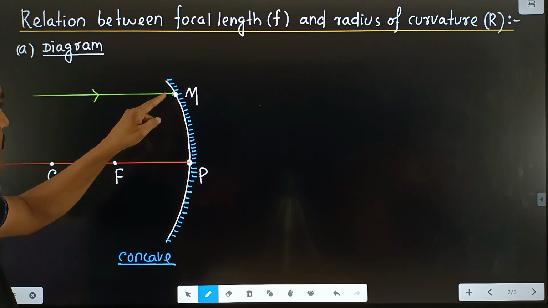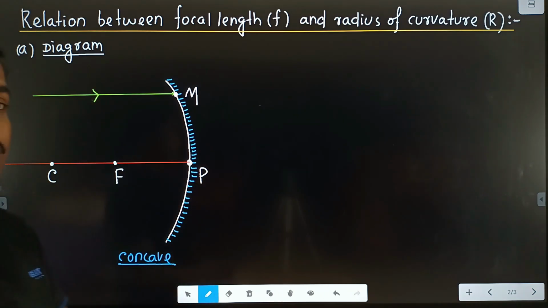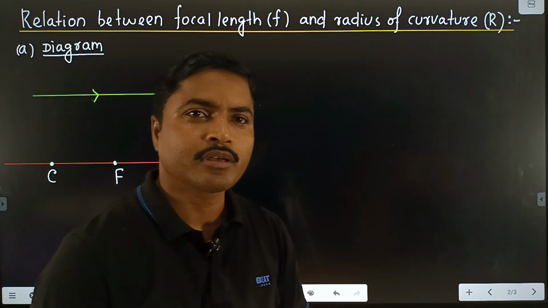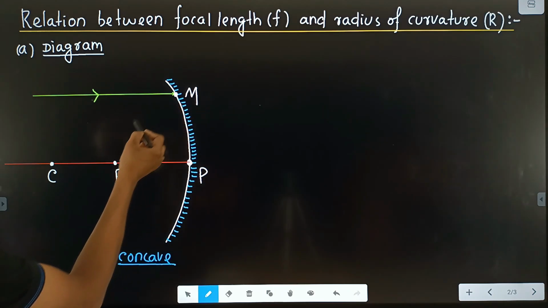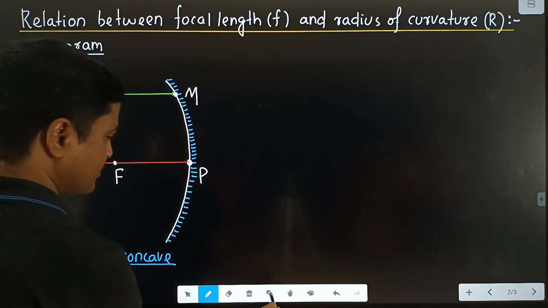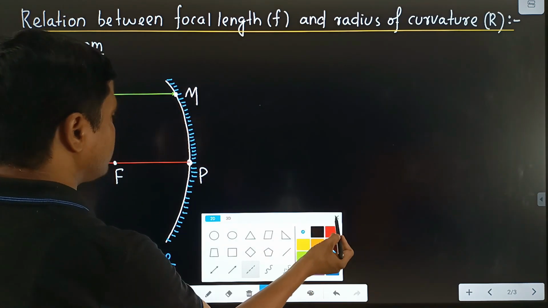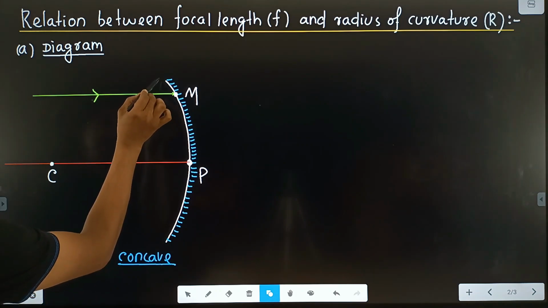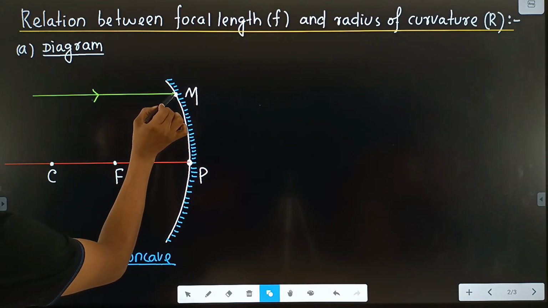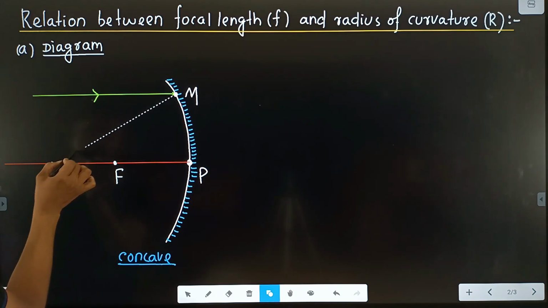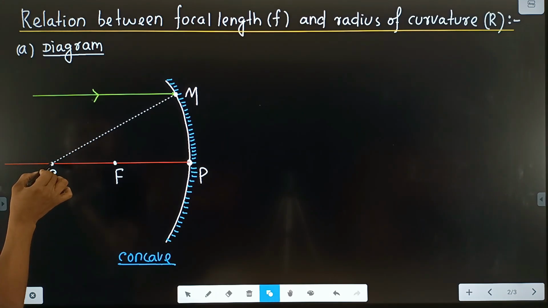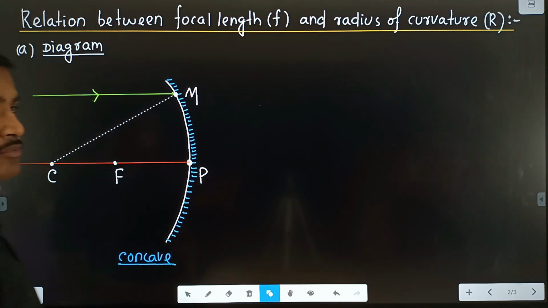Then from the point of incidence, what happens? The ray is returned back into the same medium, and for this first we draw the normal to the reflecting surface at point M. This one is the normal, and you know the normal is always passing through the center of curvature.